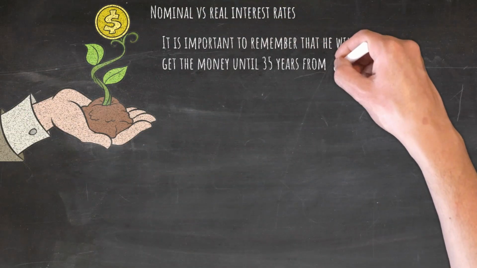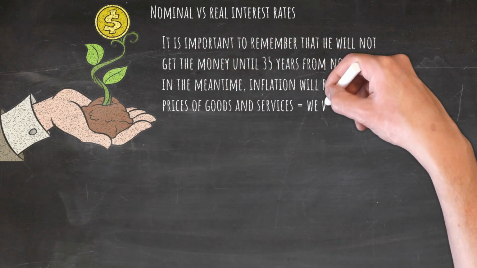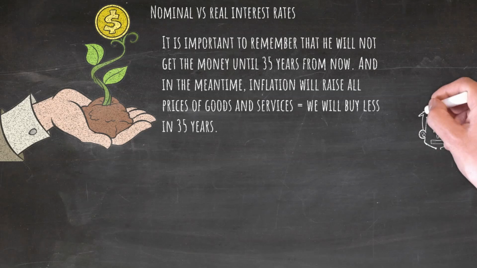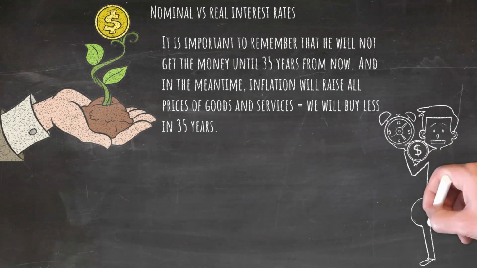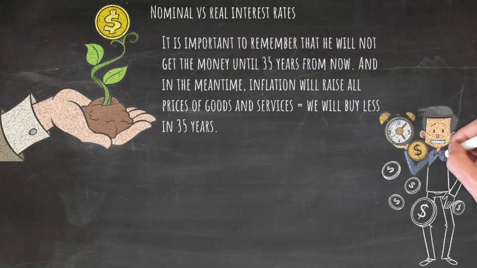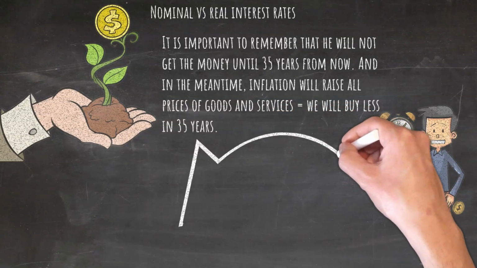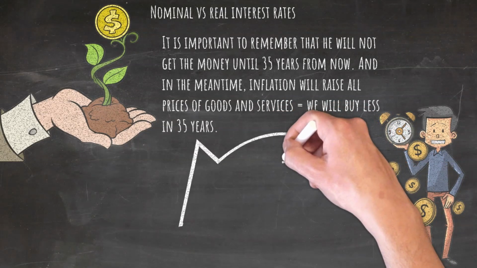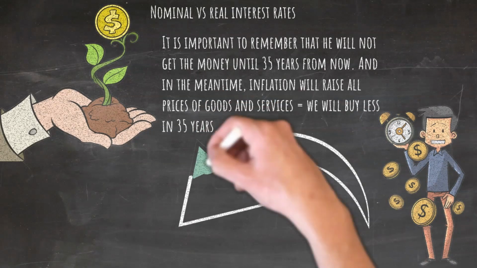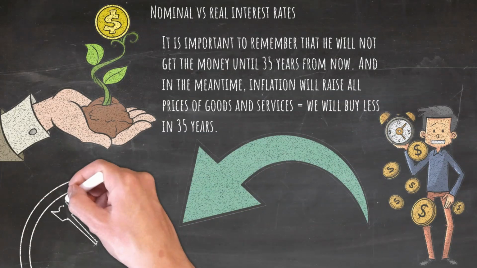It's important to remember that we will not get the money until 35 years from now. And in the meantime, inflation will raise all the prices of goods and services, so we will buy less in 35 years. In other words, it's true that in nominal value we have 4 million and almost 500,000, but that's the value after 35 years.